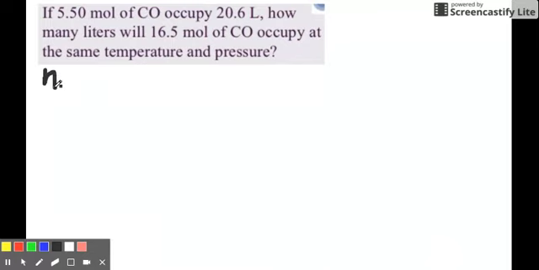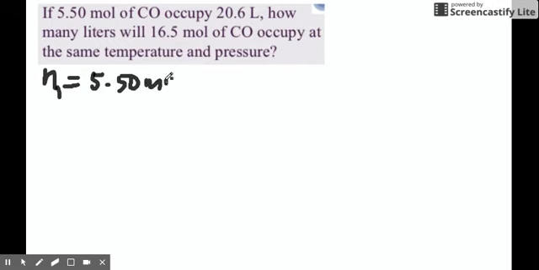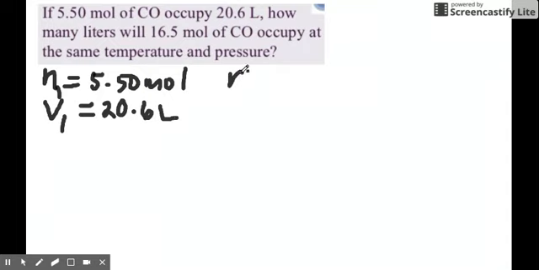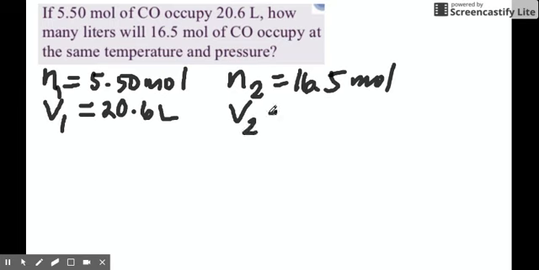So we are given N1, which is 5.50 moles, and the volume of that N1, which is 20.6 liters. And then you're asked how many liters will 16.5 moles occupy. So that's going to be your N2, 16.5 moles of your CO. So it's obvious that you're going to be asked to solve for V2.